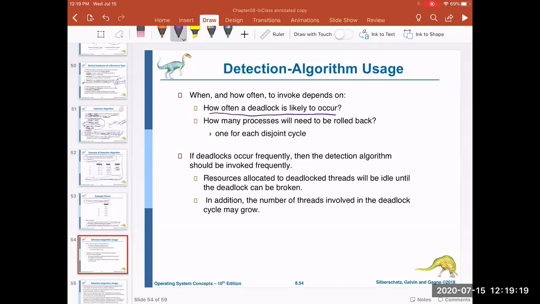If we have a similar type of job, it means similar types of resources would be used, and in that case we need to either increase that same type of resources, or we need to detect the deadlock more frequently. So it depends upon the type of the system and operating system where we are using, how often we should actually run this deadlock detection algorithm.